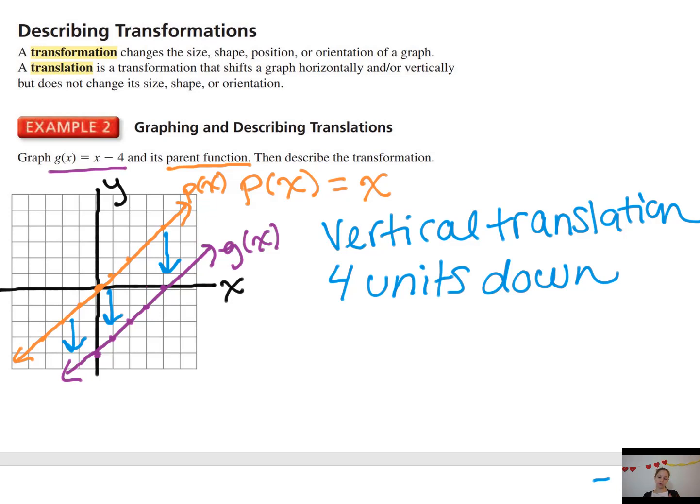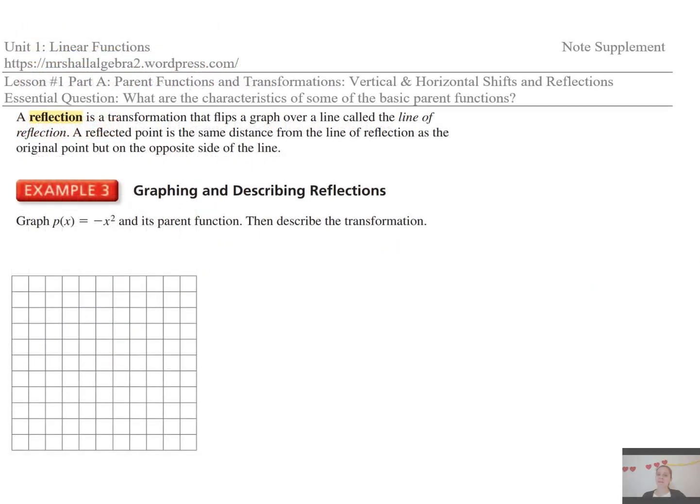Right, to go from the orange graph to the purple, we shift the orange graph down 4 units. So in example 2, we looked at a translation that shifted the graph down, and a translation again shifts the graph up, down, left, or right.